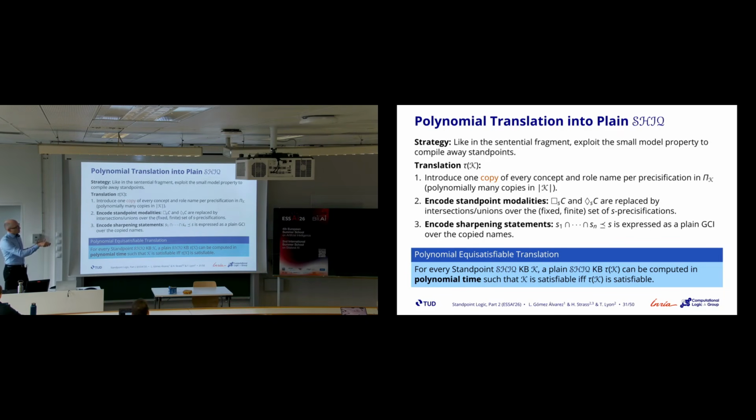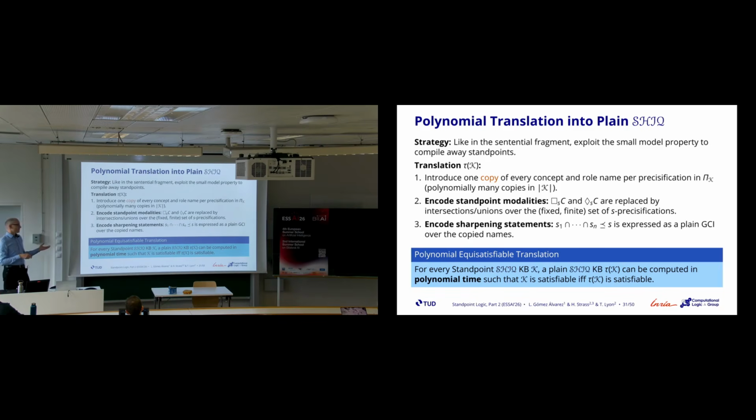And then what we do is we compile away the standpoint modalities, making sure it works like the semantics say, right? By compiling the precisifications into the vocabulary. And the blow-up is only polynomial because we only have polynomially many such precisifications. And also the sharpening statements can be expressed using GCIs.